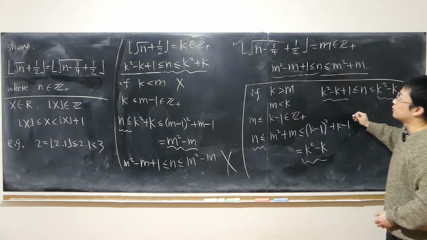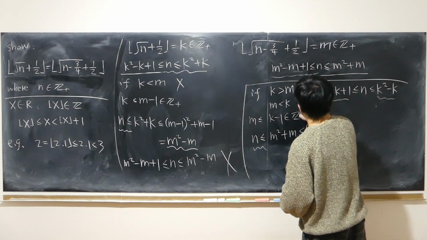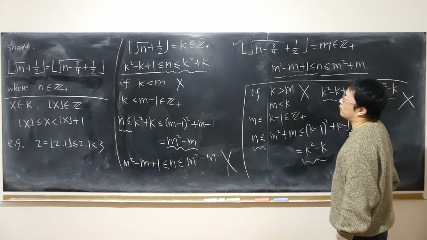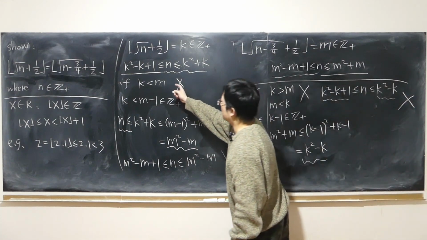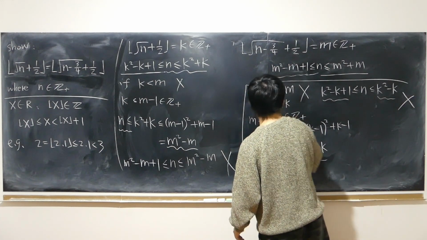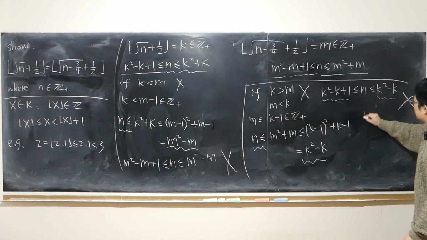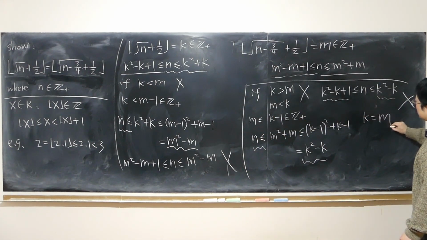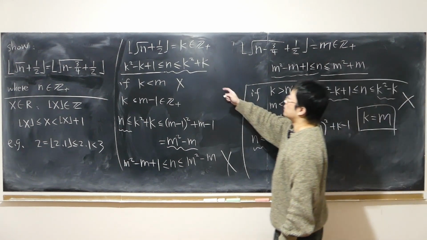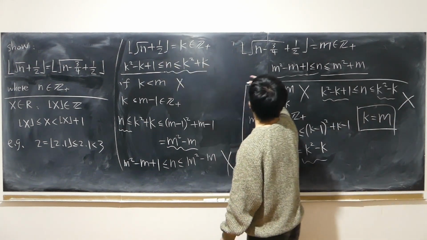Not possible. So k cannot be bigger than m, combined with k cannot be less than m, so k has to equal m. In other words, the floor of this has to equal the floor of that.